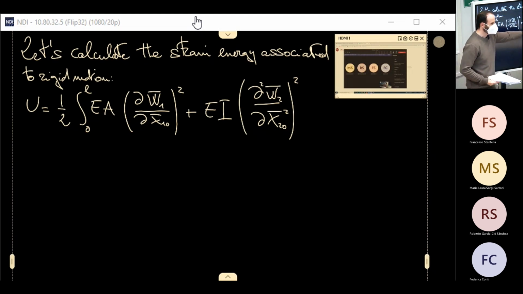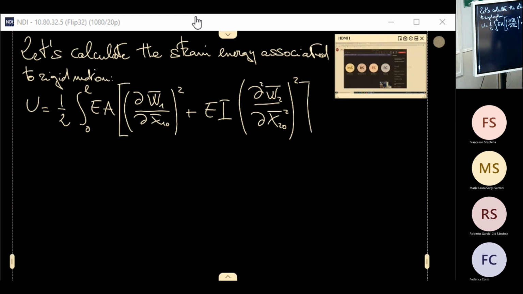This is what you call the curvature within brackets. This one here is the square of the curvature. These are things that you have seen even too many times.